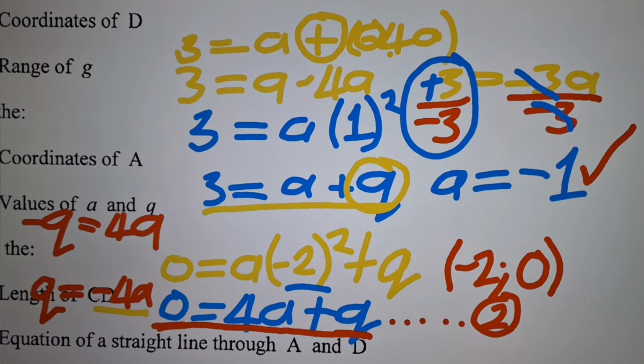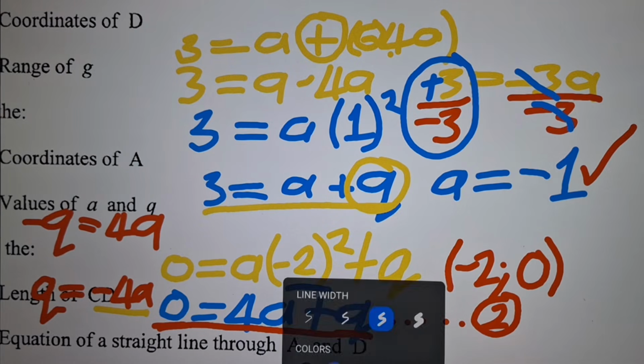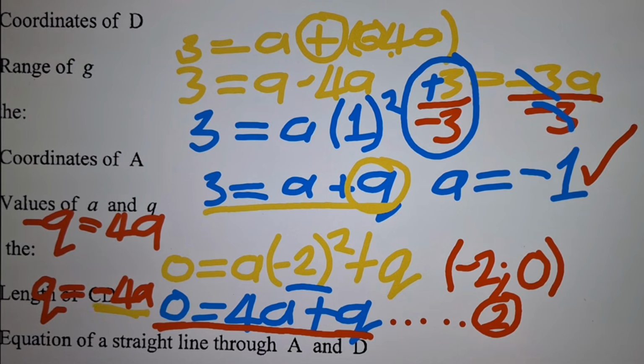And what about q? We also need to calculate the value of q. To calculate it, we're going to use the a that we have solved already. Let's use this equation here, q is equal to negative 4a.